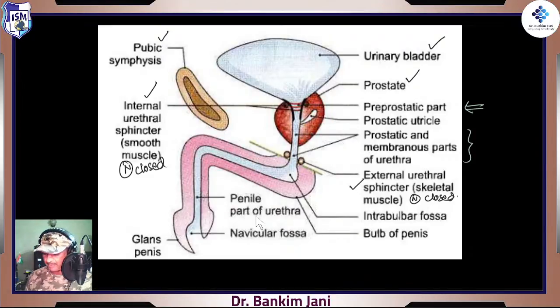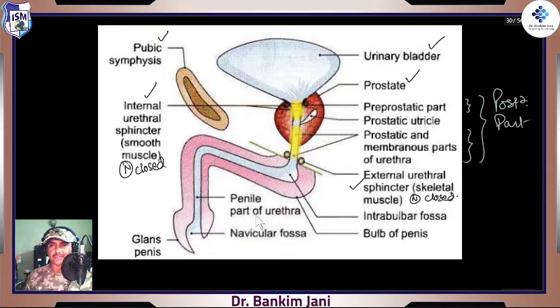So there is a pre-prostatic part, and the prostatic and the membranous part. What we are talking about is this part of urethra and this part of urethra. Collectively they are called the posterior part.